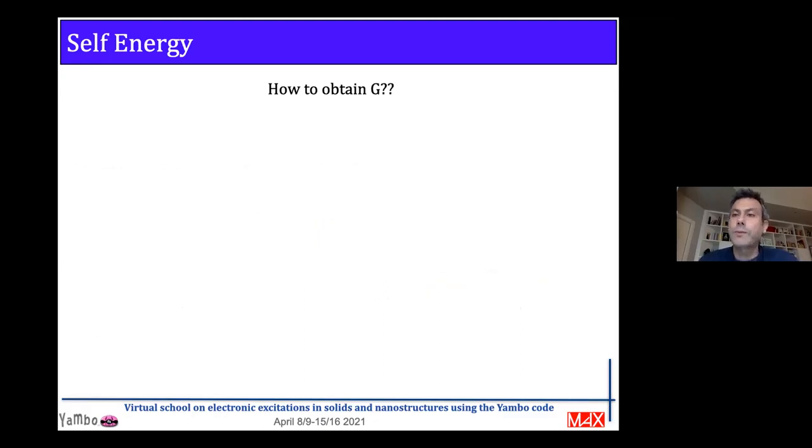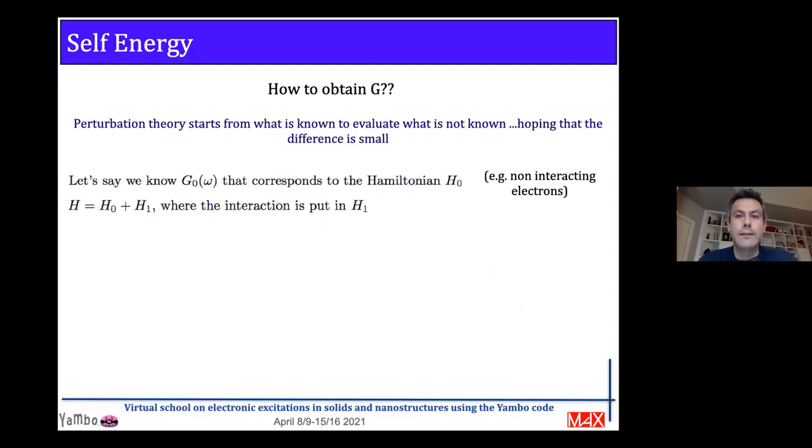So how to obtain this Green function practically? This is the problem we want to look at. Here comes perturbation theory. Let's start from something that is known, and we want to evaluate something that is not known, hoping the difference is small. So let's name G0 the Green function of a non-interacting electron Hamiltonian.